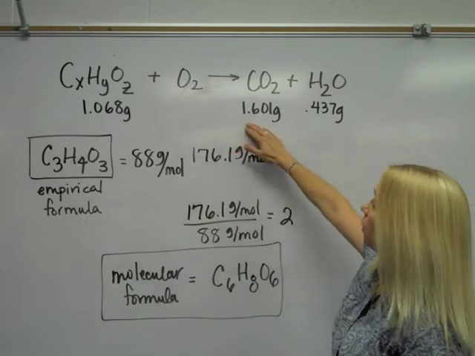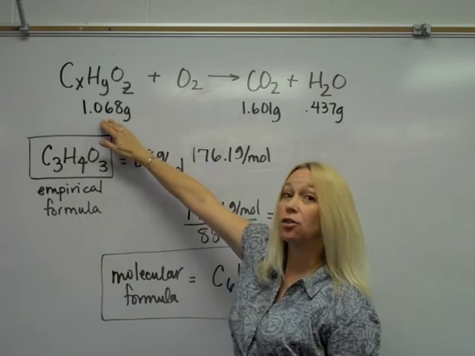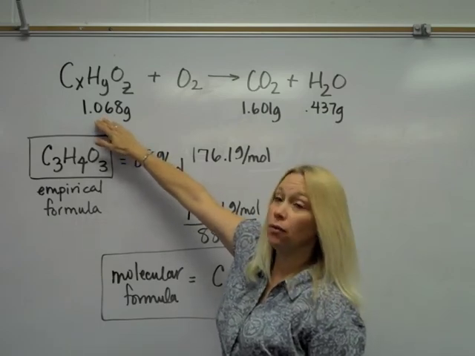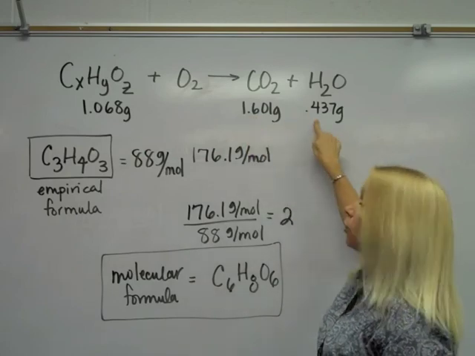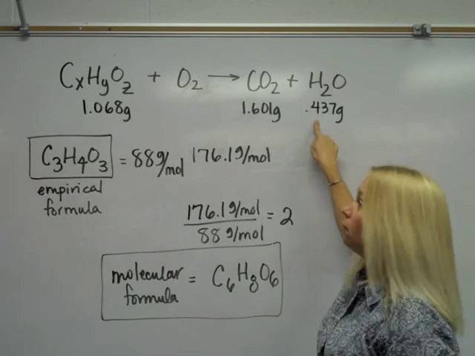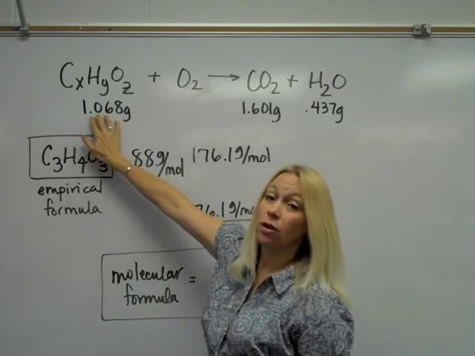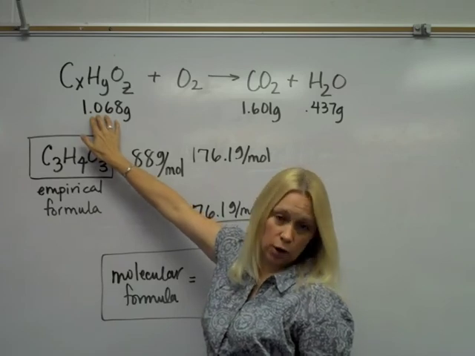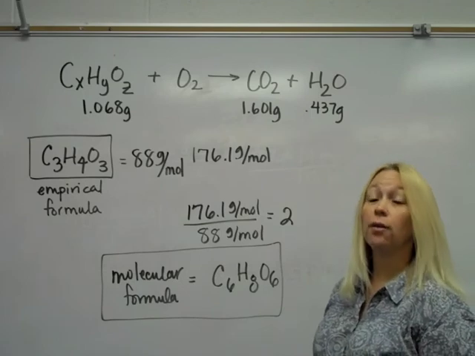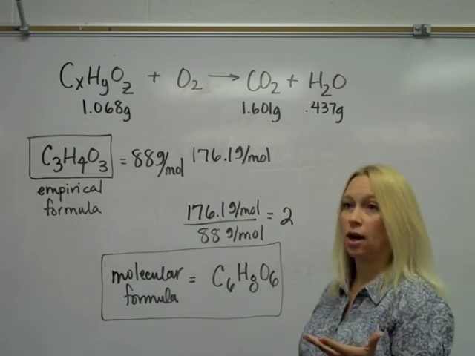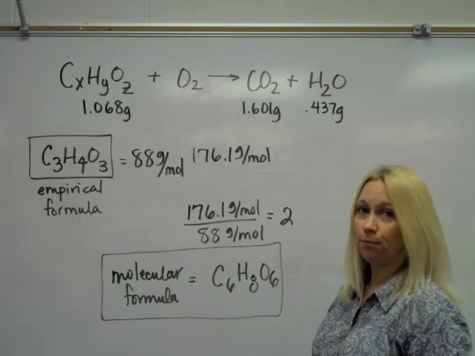The big idea here is you get your grams of carbon, hydrogen, and oxygen out of here by pulling the carbon out of this, pull the amount of hydrogen out of here, take your total mass, subtract out the amount of carbon, subtract out the amount that's hydrogen, and what's left will be your oxygen. Then you'll have grams of carbon, hydrogen, and oxygen. That's exactly what you need to do any empirical formula problem.